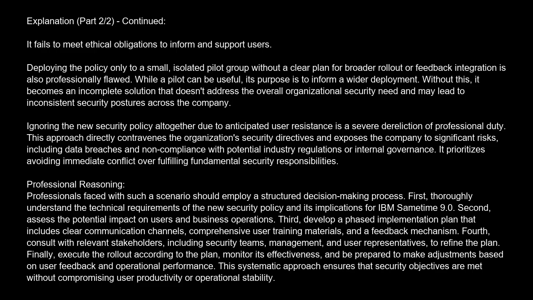Fourth, consult with relevant stakeholders, including security teams, management, and user representatives, to refine the plan. Finally, execute the rollout according to the plan, monitor its effectiveness, and be prepared to make adjustments based on user feedback and operational performance. This systematic approach ensures that security objectives are met without compromising user productivity or operational stability.